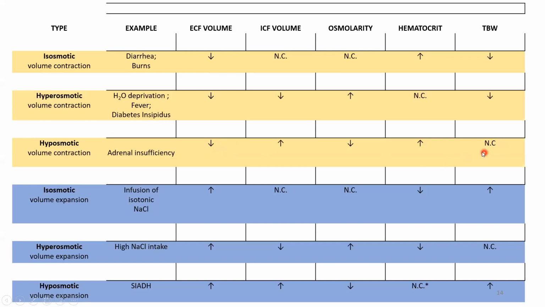Total body water in this example remains the same because water is just shifting between the two chambers. There is no net loss of water because your main issue was with sodium.